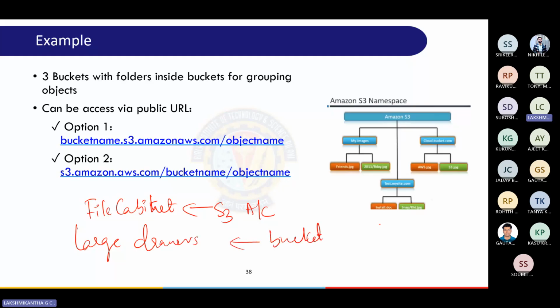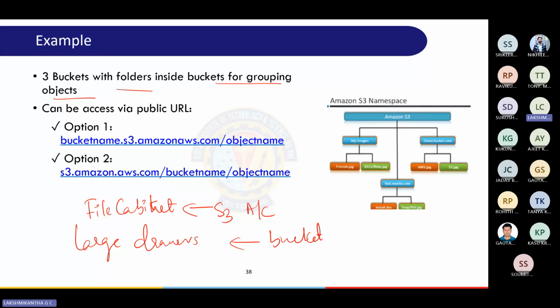And you can have many buckets. Okay, so in this slide we have taken 3 buckets, with folders inside the bucket for grouping objects. So inside the bucket, you can create folders for organizing your objects.